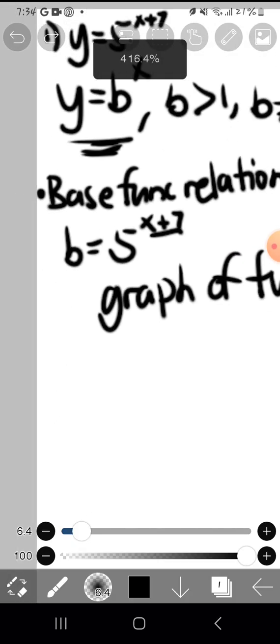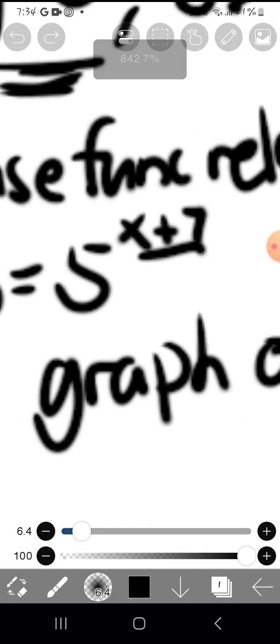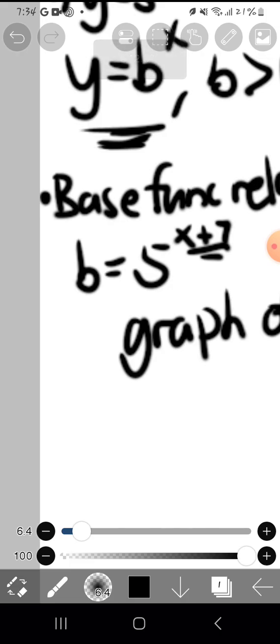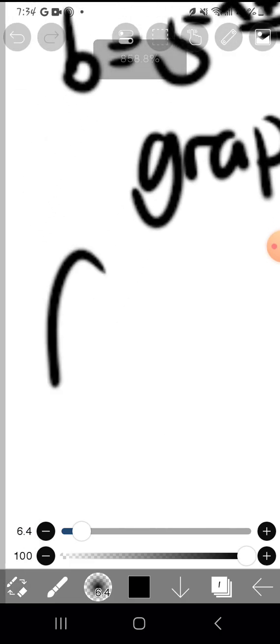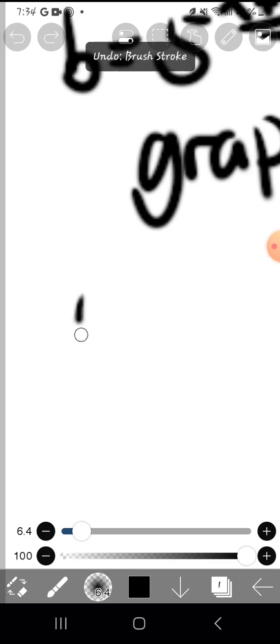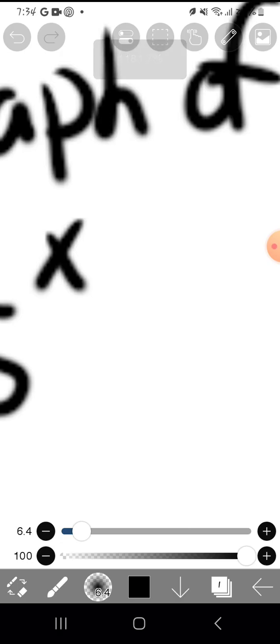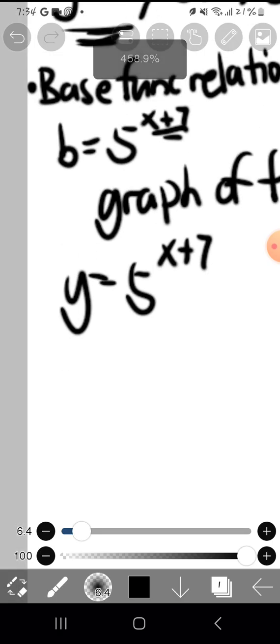Anyways, continue natin. So, like I said, the shifting here is horizontal, because our original function is y equals 5 raised to x plus 7.